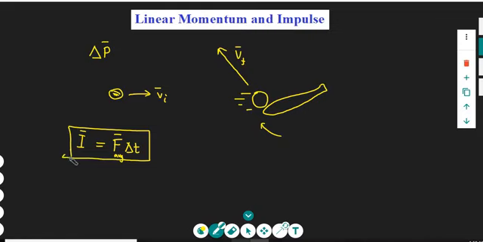But the proper way is that if we think about this collision as a function of time, let's say we have time along the x-axis and the force along the y-axis. During this collision, what you'll see is that there's a rapid increase and a decrease of the force.